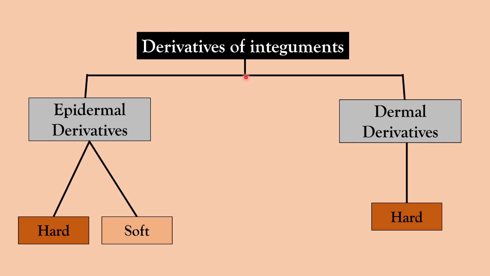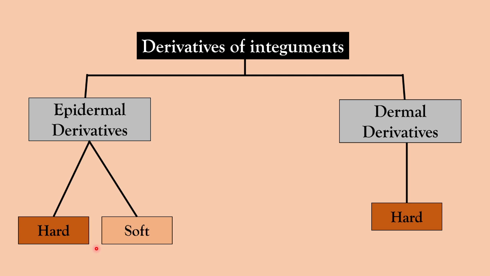Depending upon the layer of origin, they are divided into two types. First, epidermal derivatives. They are the derivatives formed from the epidermal layer, hence the name epidermal derivatives. Whereas dermal derivatives are derived from the dermis layer, which is the second layer.